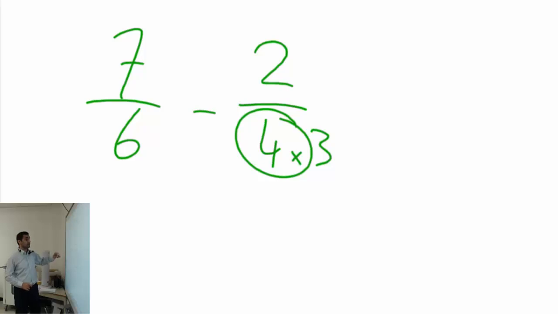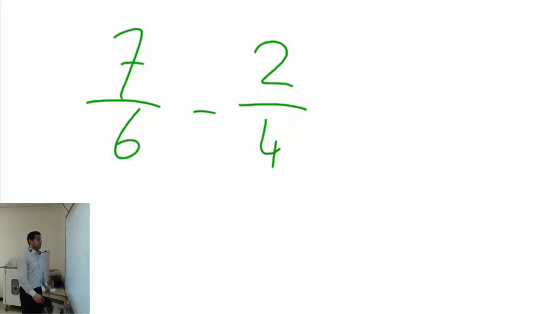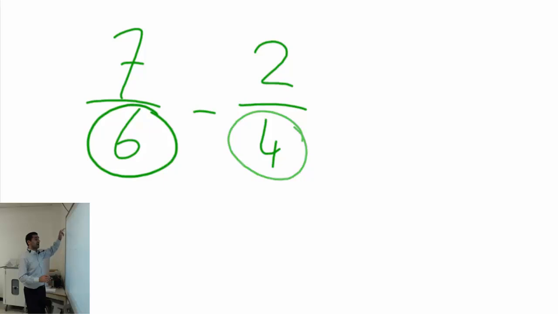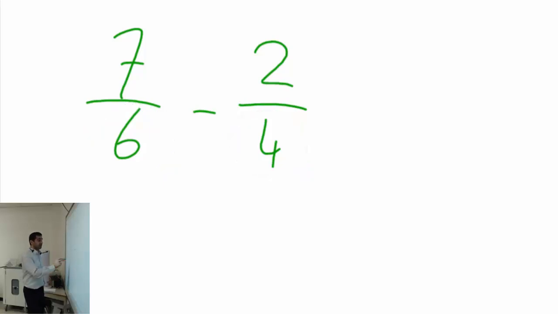So let's go ahead and do that. Alright, so I know 12 is the same number that is divisible by 6 and 4. Now, my purpose is to get that. How do I get 12 for the 6? So let's change the color here. 4. So I have to multiply that by 2.